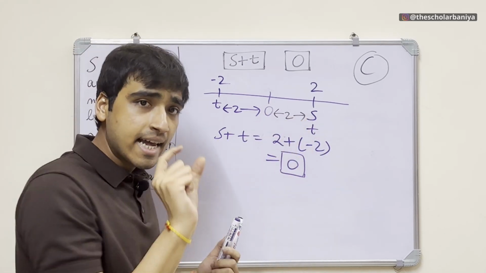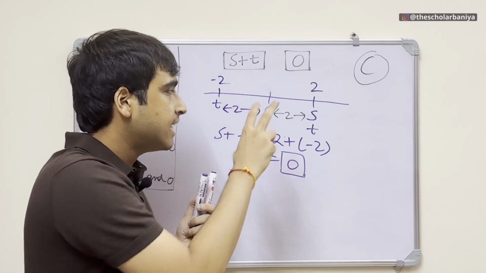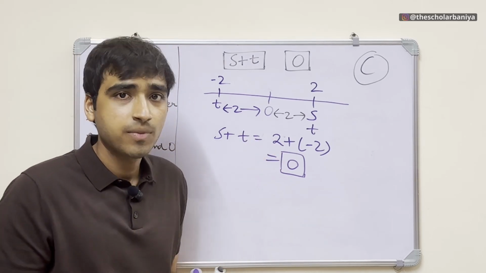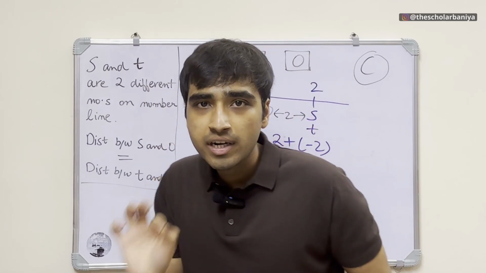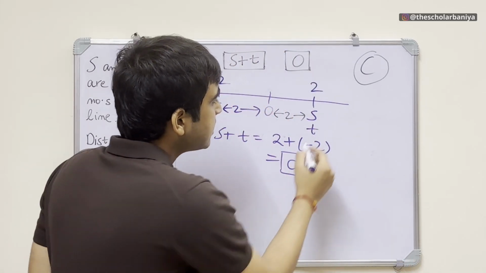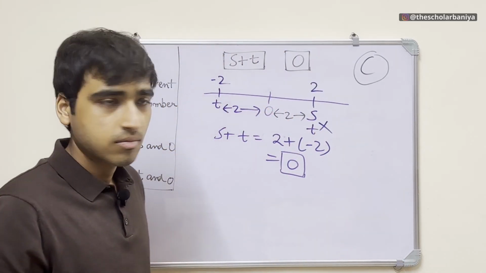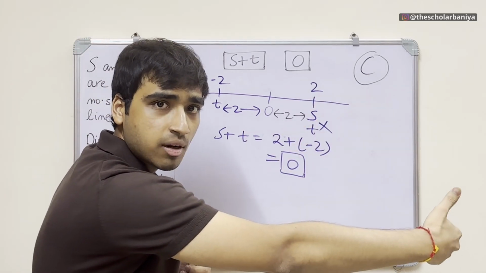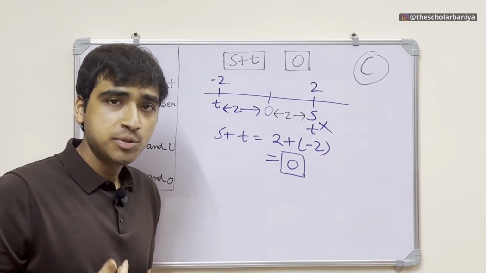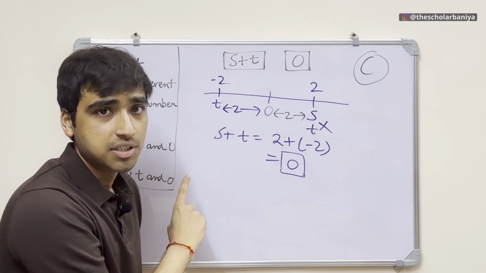So basically S and T coincide, or S and T are basically the same things. But we are given in the question that S and T are two different numbers. That is why this case is not possible. Only this case is possible, that if S is on one side of the number line, then T has to be on the opposite side of the number line, or vice versa.